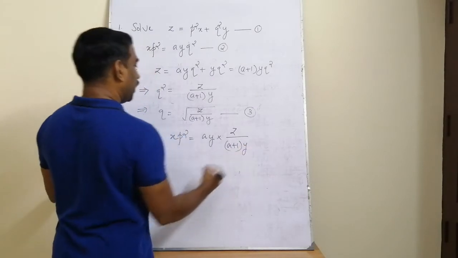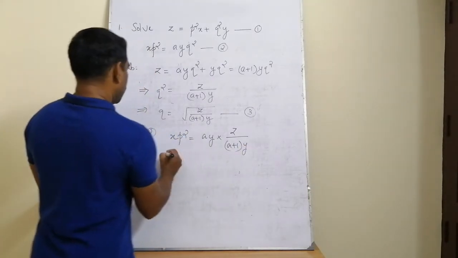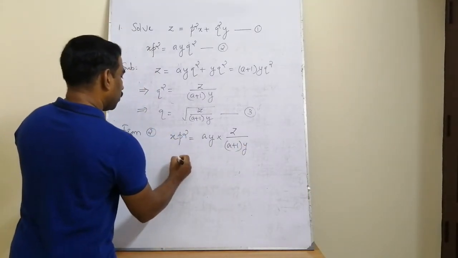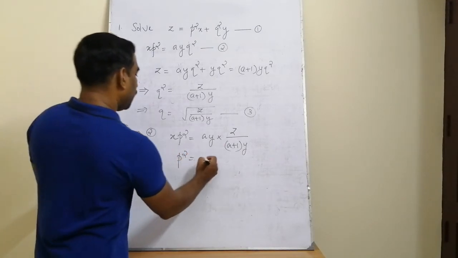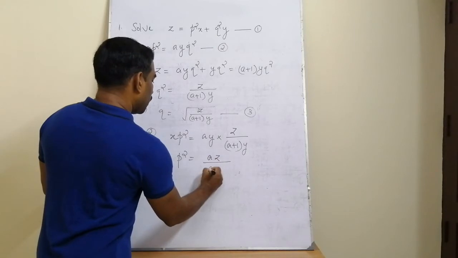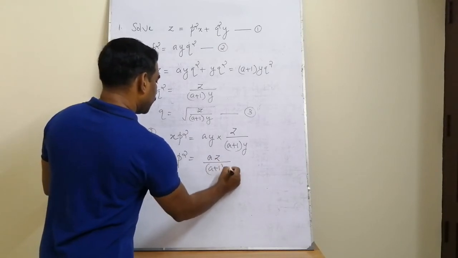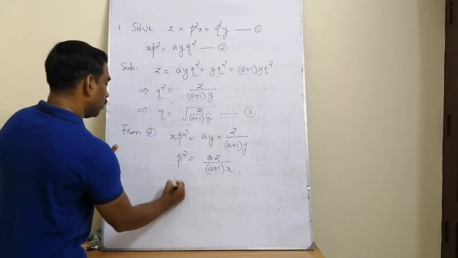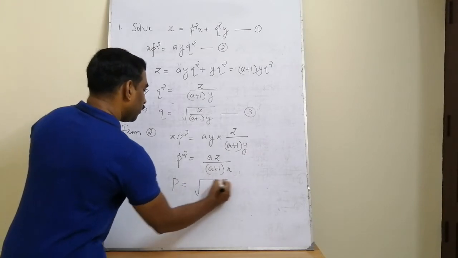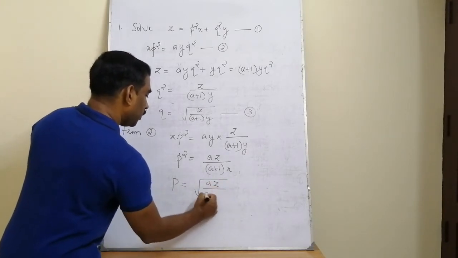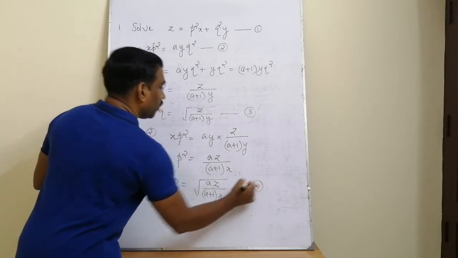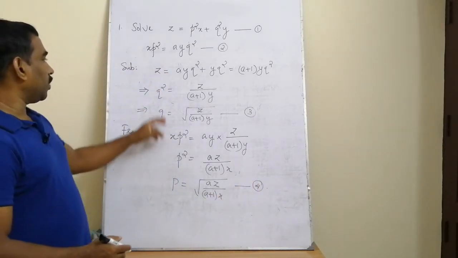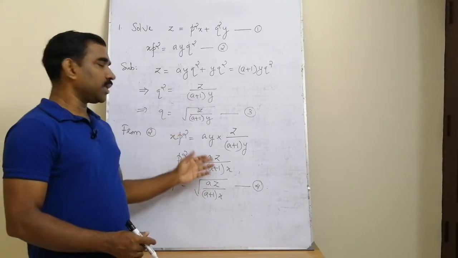So p square is equal to a z by (a plus 1) x. So that implies p is equal to square root of a z by (a plus 1) x. Relation number 4. So we have the values of p and q as functions of x, y, z and a.